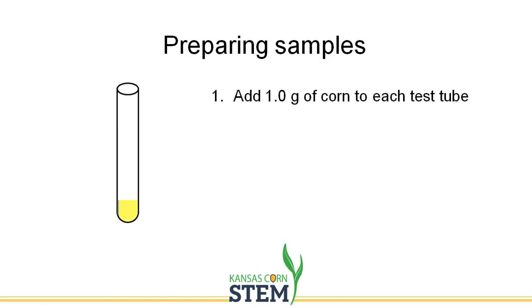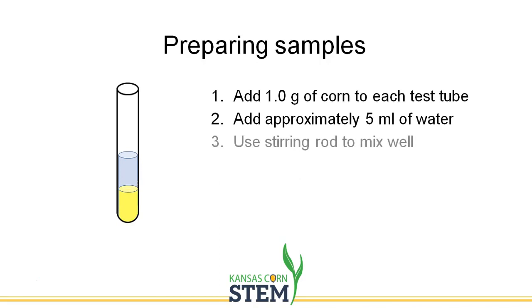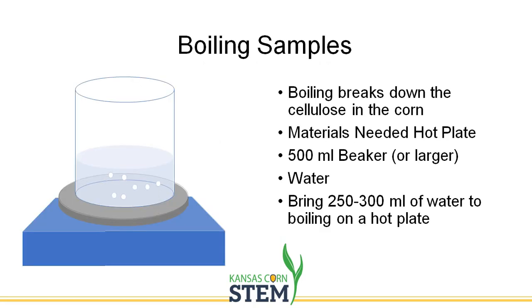First, add the 1 gram of ground corn to each test tube. Add approximately 5 milliliters of water, then use a stirring rod to mix it well. You also need to prepare a water bath. Boiling breaks down the cellulose in the cell walls and releases the starch into solution.